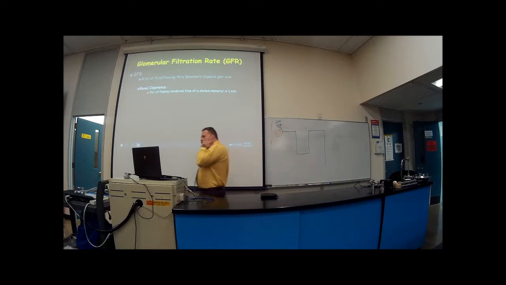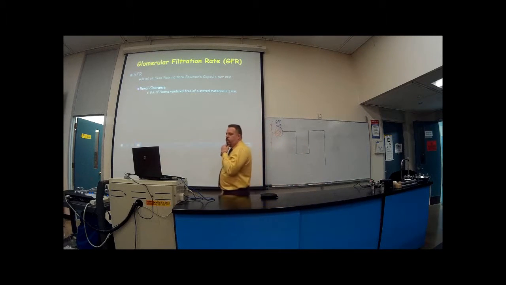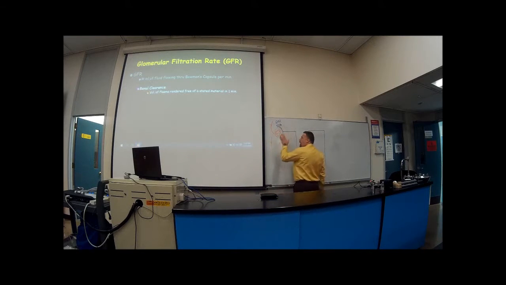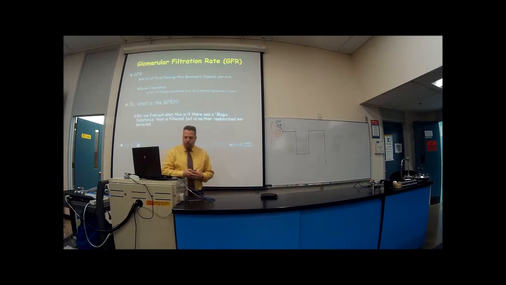We deal with something called renal clearance. Renal clearance is a volume of plasma that's rendered free of a substance in 1 minute. How fast can that material, whatever it is, substance X we'll call it, get from here over to here into the nephron? How do we clear it? So what is a GFR?